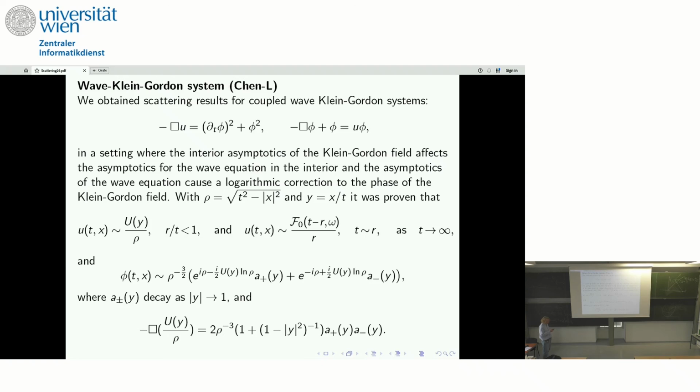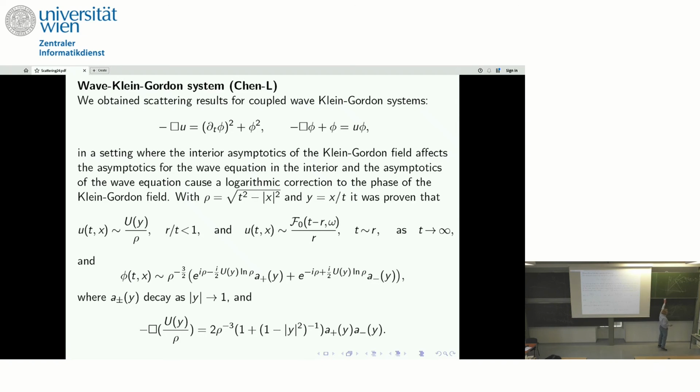Oh, and then you can apply this kind of method to other problems. Here is a problem I did with my student, where you couple the wave equation to a Klein-Gordon equation, which people in the audience have studied. But you know that for a Klein-Gordon equation, the solution doesn't behave like a solution of the wave equation.